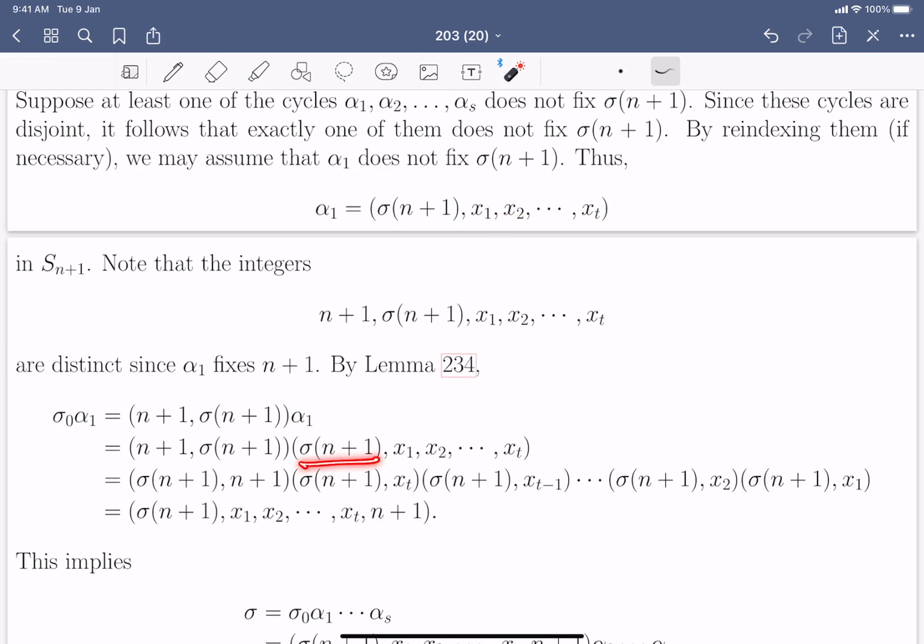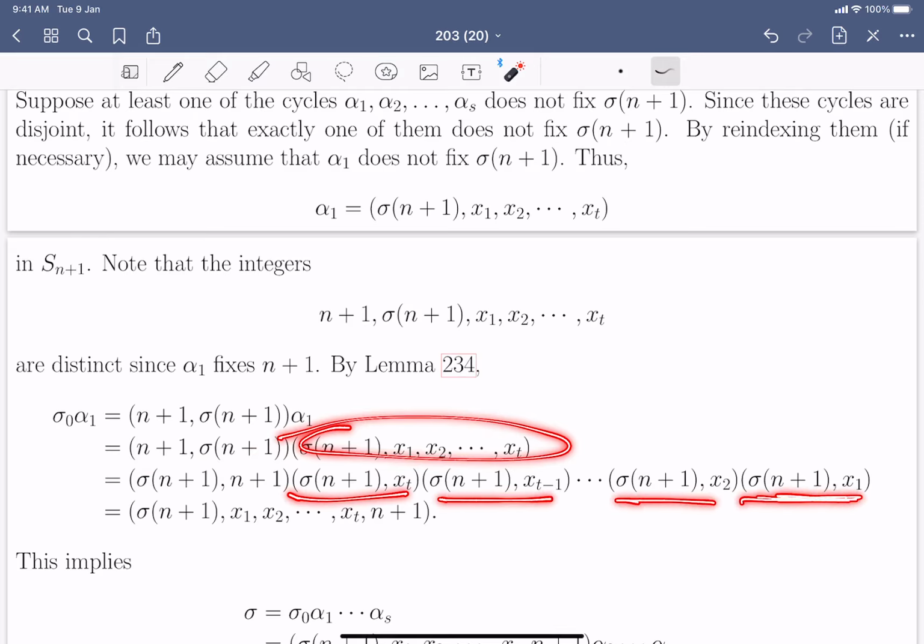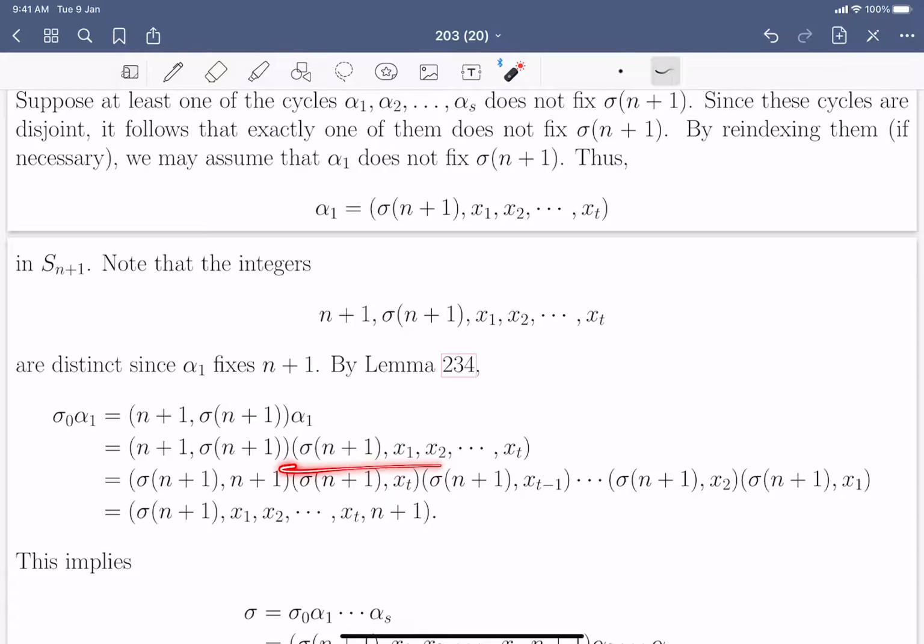So alpha 1 is sigma n plus 1 and the next one till xt. Okay. And then we have seen it long back that such a cycle can be expressed as a product of transpositions. So we decompose this into this product, and so here we have got a product of transpositions of very specific form. It starts with sigma n plus 1, and then x1, and then x2, and then xt minus 1, and then xt.